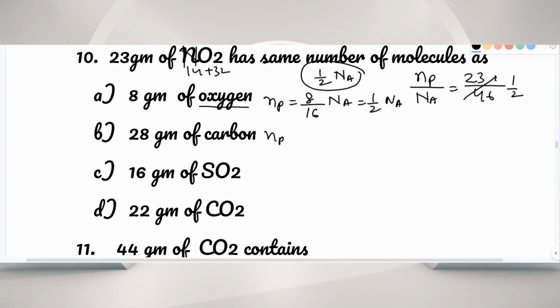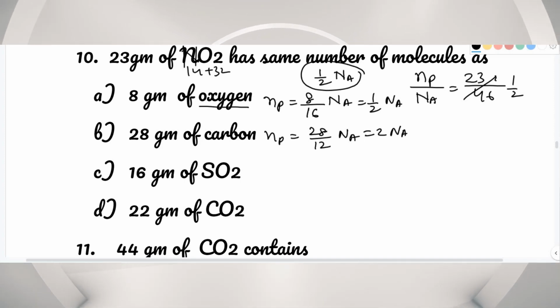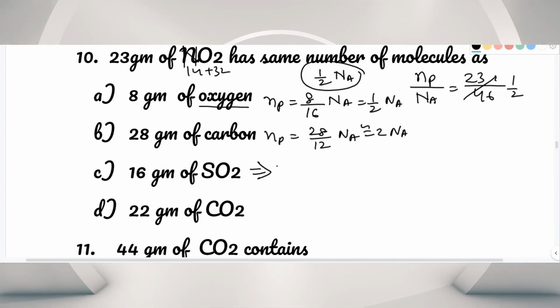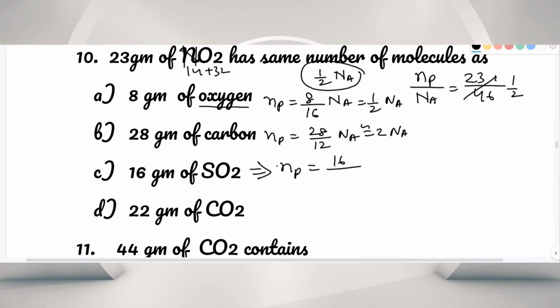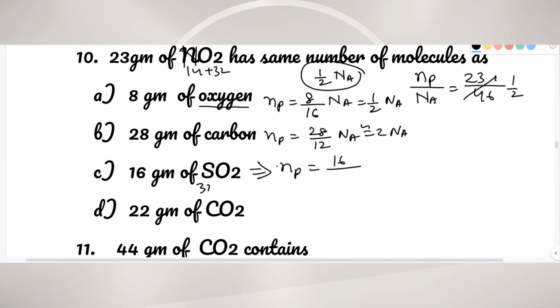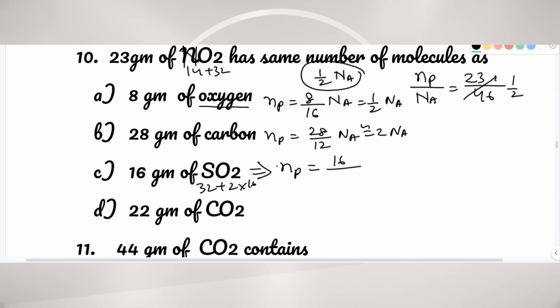Next one, number of particles is 28 by carbon, say 12, times Na, that is close to double Na. Okay. Next, 16 grams. So number of particles is 16 by molar mass. Sulfur dioxide is 32 plus 2 times 16, 32 plus 32, 64. Okay, 1/4.